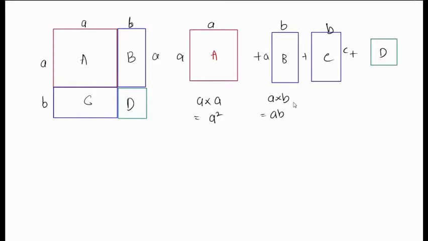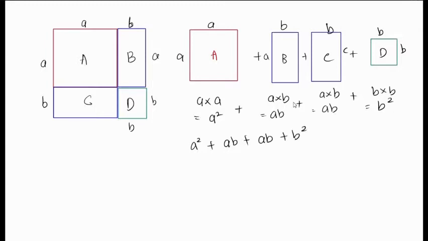This one is also A times B, which is AB, and the last one should be B times B, so the area of square D is B squared. Then you add all of this, so you get A squared plus AB plus AB plus B squared.